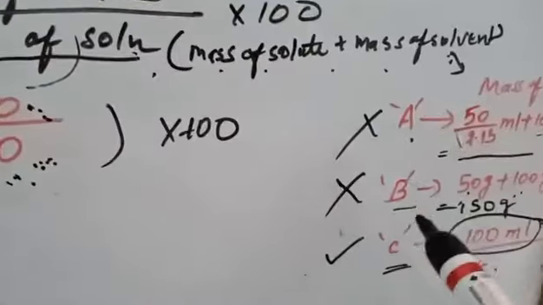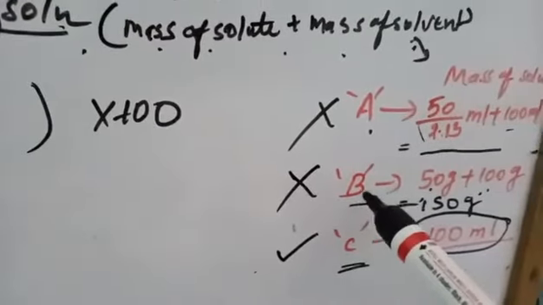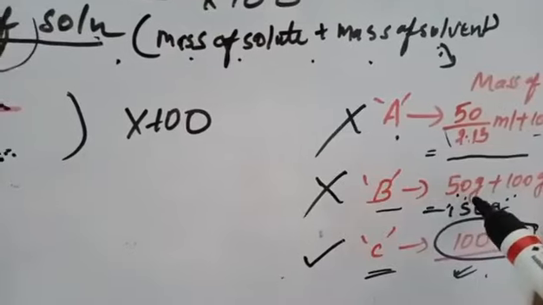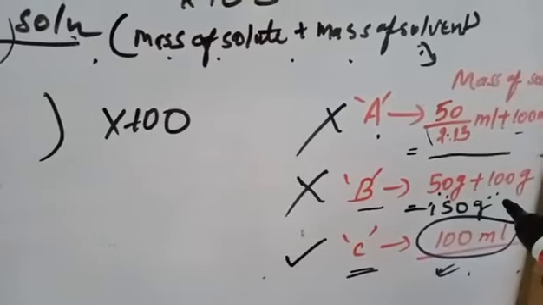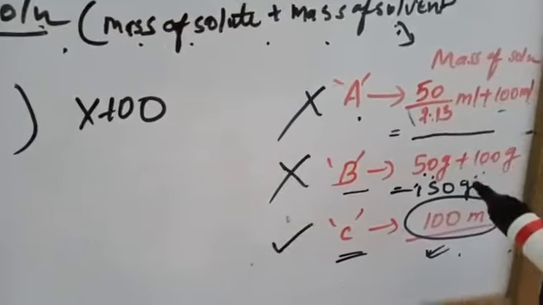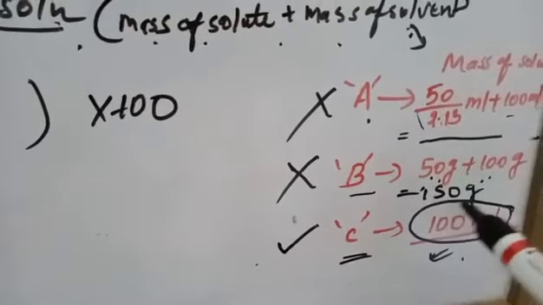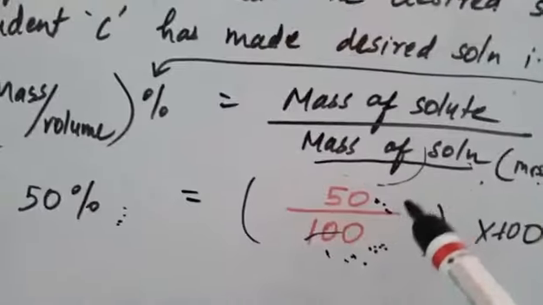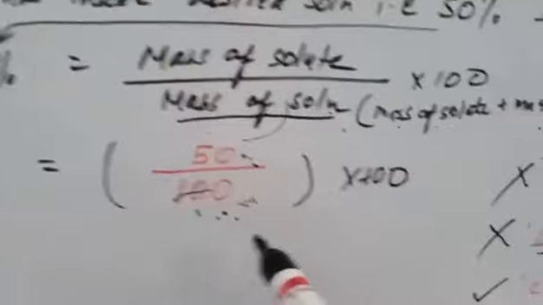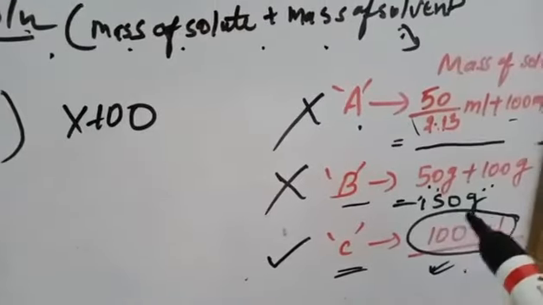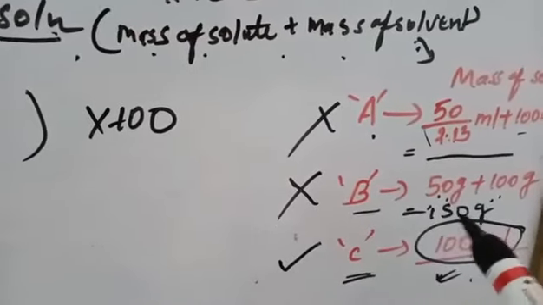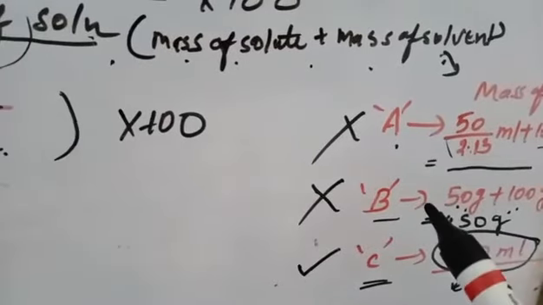So A has done wrong. Now we will see B. Student B has added 50 gram of NaOH in 100 gram of water. That means we will get how much? 150 gram of solution, whole solution, where we wanted mass of solution to be 100. So here we got 150 grams. So that is also wrong.